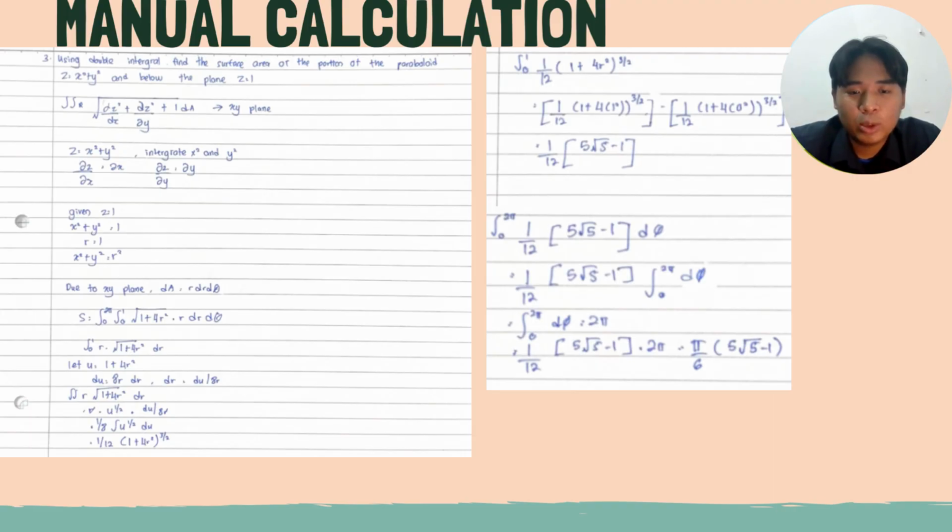So S equals 1 over 12 times 5 square root of 5 minus 1, times the integral from 0 to 2 pi of d theta. Since the integral from 0 to 2 pi of d theta is equal to 2 pi, the final answer will be S equals pi over 6 times 5 square root of 5 minus 1. So that is the answer for the manual calculation.